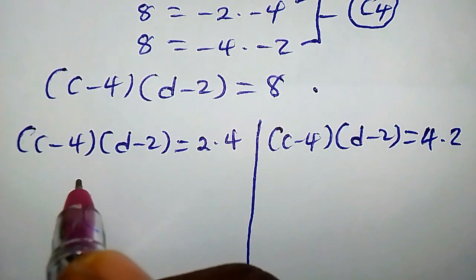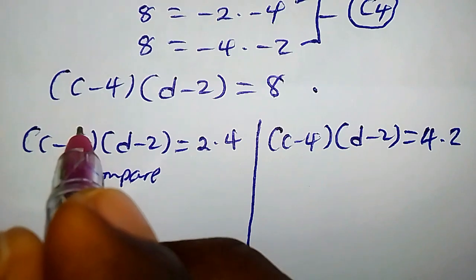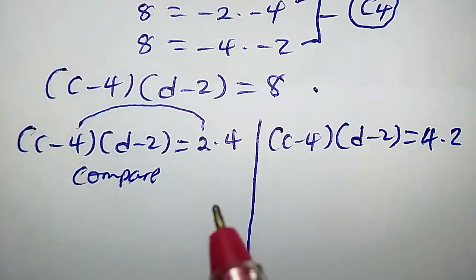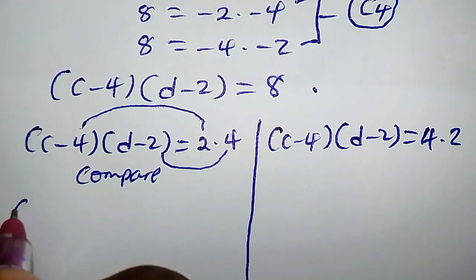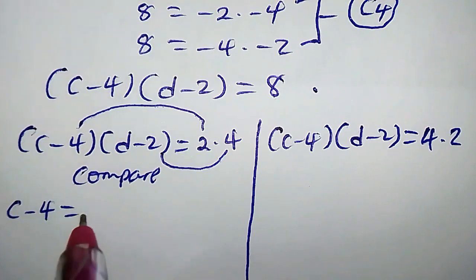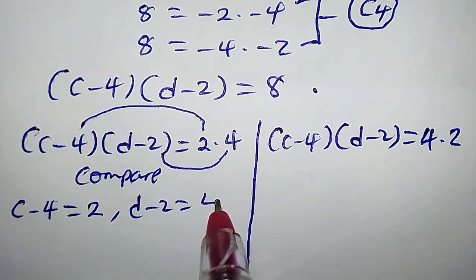Consider this equation first. If we compare, C minus 4 will be equal to 2 and D minus 2 will be equal to 4.